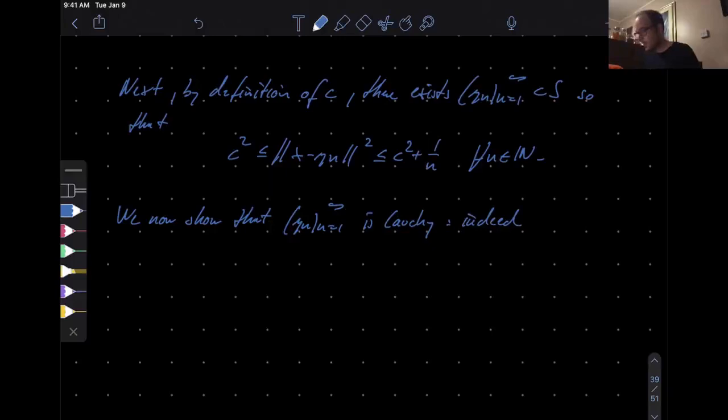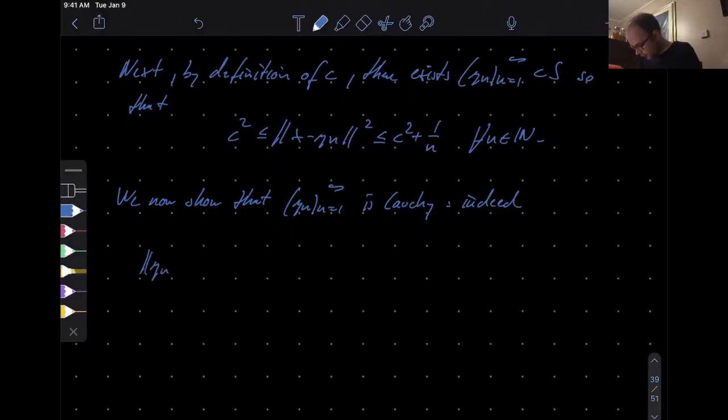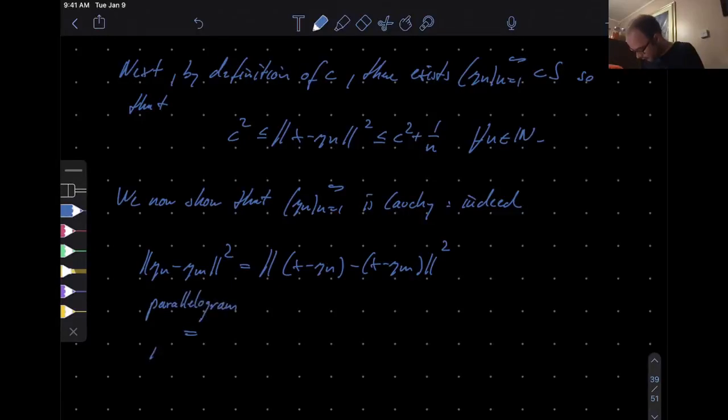Okay, indeed. Why is it Cauchy? Well, yn minus ym squared, and now we're going to use again the same trickery. So you do x minus yn minus x minus ym. So x is the point fixed up front in the Hilbert space. And now you use again parallelogram identity.